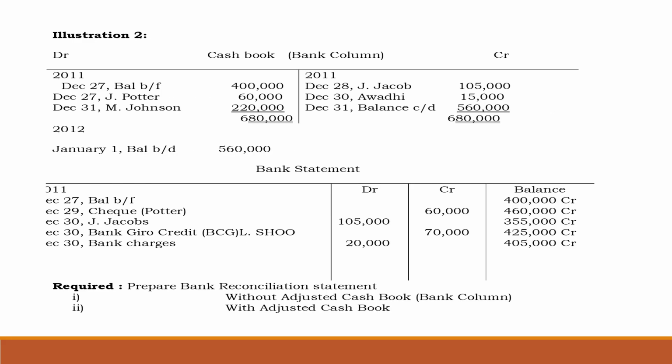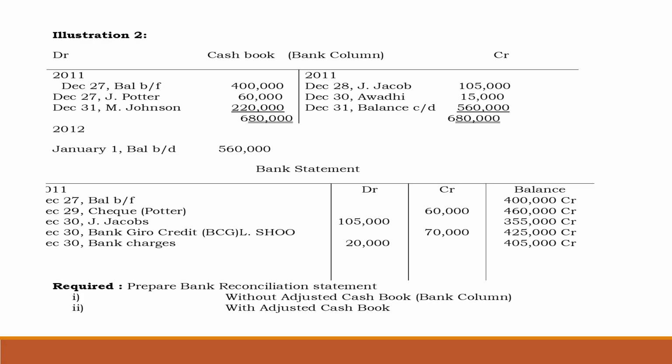So let us use example number 2, where we have a cash book and a bank statement. In our cash book, we have a balance brought down of 100,000, similar to the bank statement's 100,000.